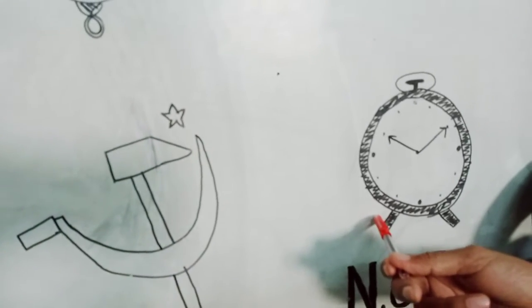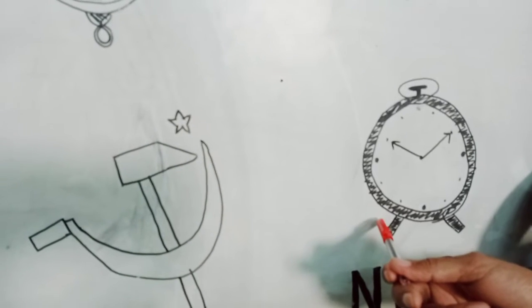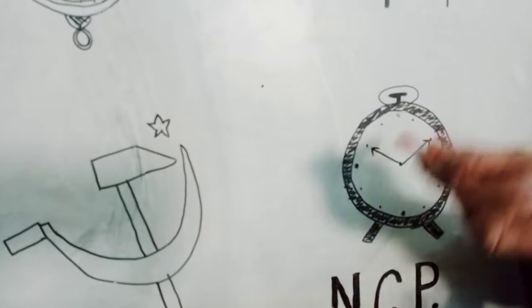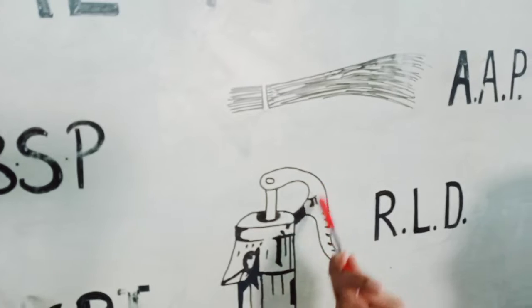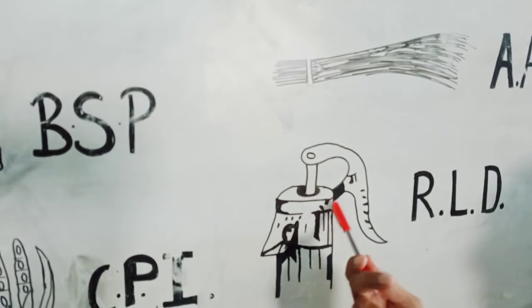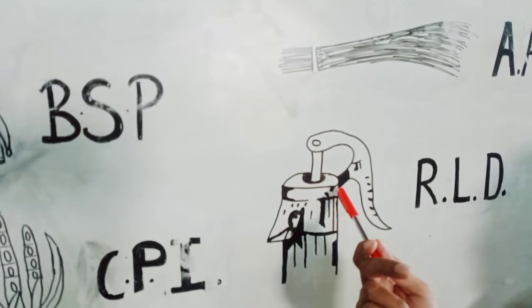These 7 are taken here as examples of the national parties. I have also taken 2 examples of the regional parties here. Let me count for you one by one serially so that you remember everything.